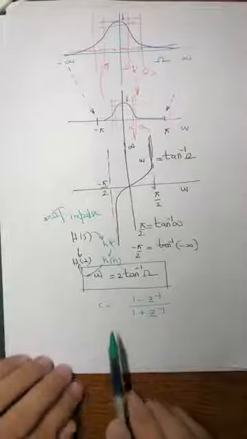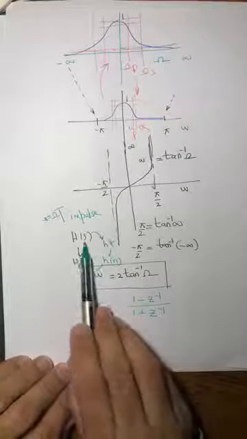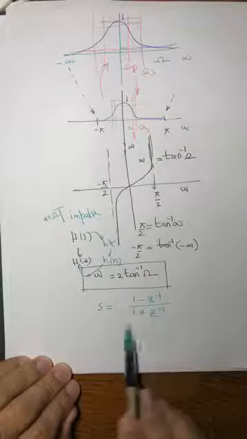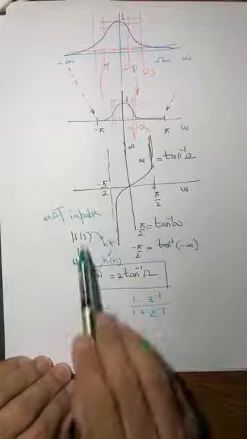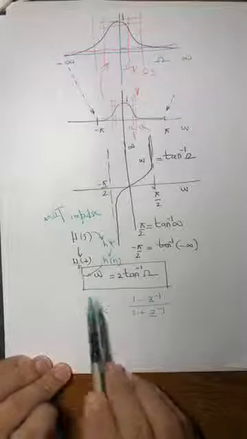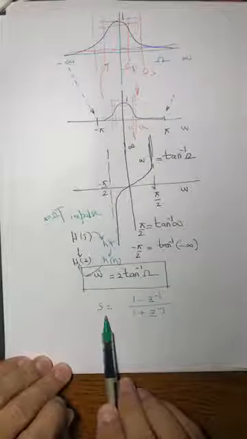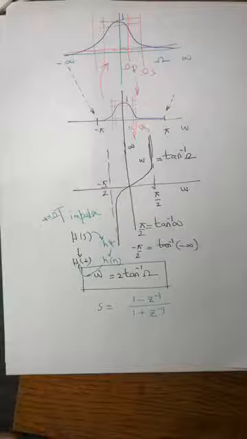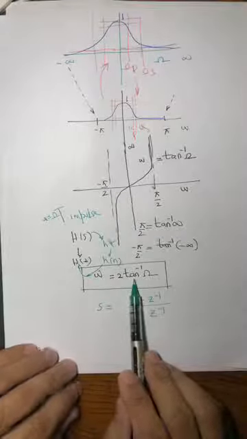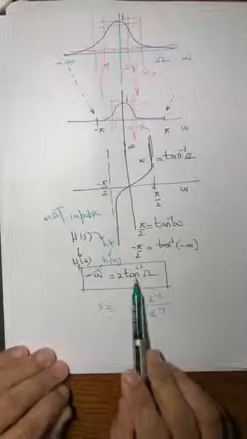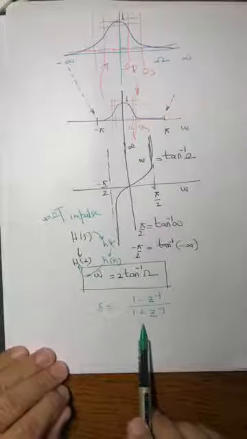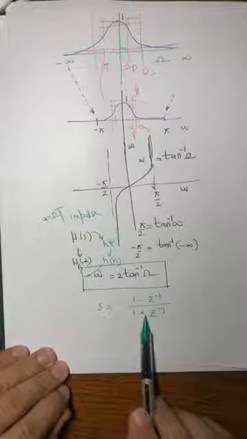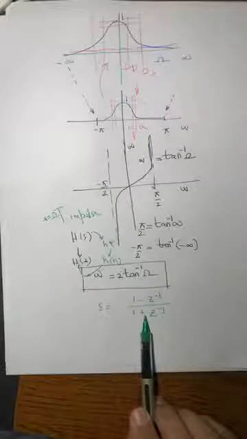It means that if you replace every s in h of s with 1 minus z inverse over 1 plus z inverse, h of s gets converted into h of z. Okay, good. But where has this expression come from? What magic have I played? I have this transformation. How can I say this is actually this transformation?